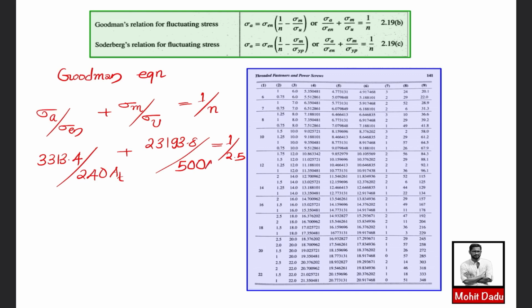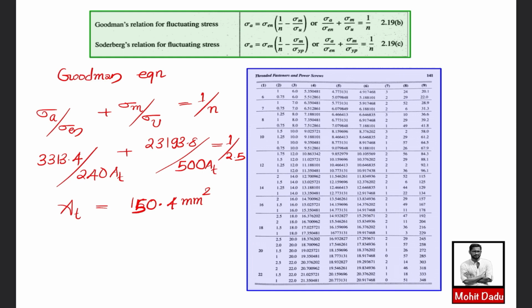Here At appears in both terms, and we have to solve for this At. If you solve this, the tensile area you will get is around 150.4 mm square. For this one also you have to select a suitable bolt.